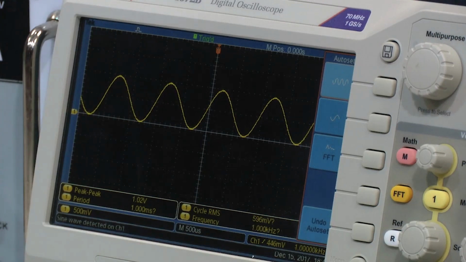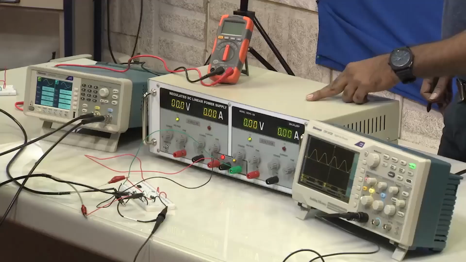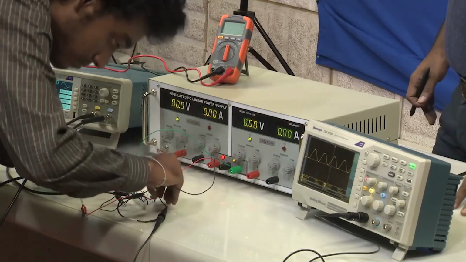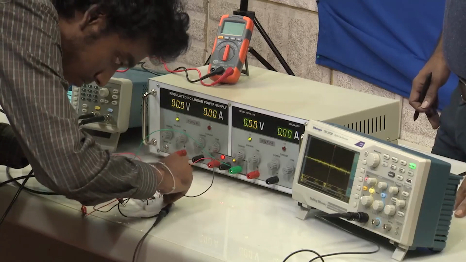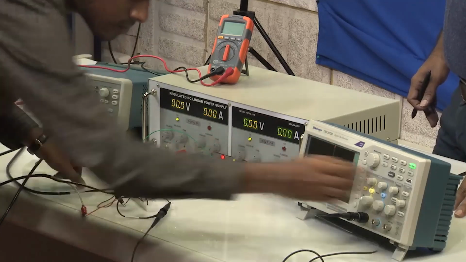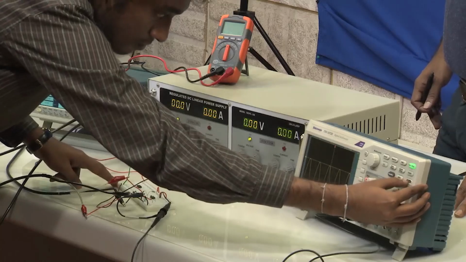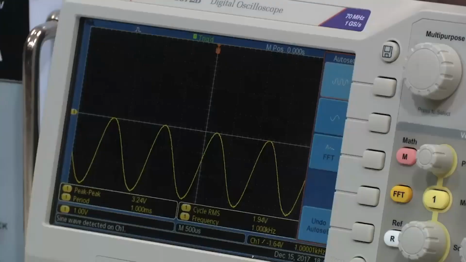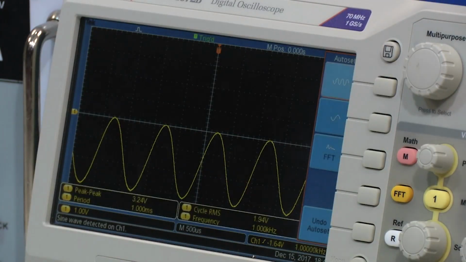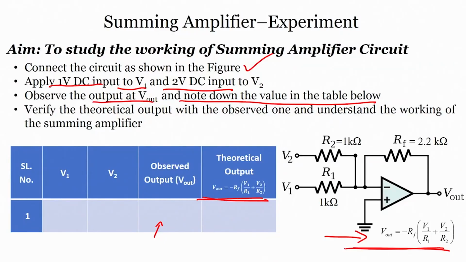So, we have given two input voltages, V1 and V2, to the summing amplifier, 1 volt and 0.5 volt, and the output we were able to see is about 3.28 volts, which you can see again here. That means, let us come to the screen to check my calculation. My input voltages were 0.5 volts and 1 volt, and the measured output was 3.24 volts.